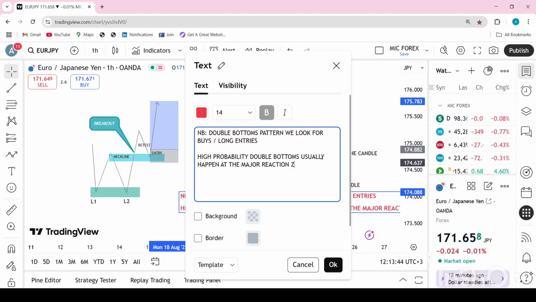I think the correct word would be zones, or turning points.